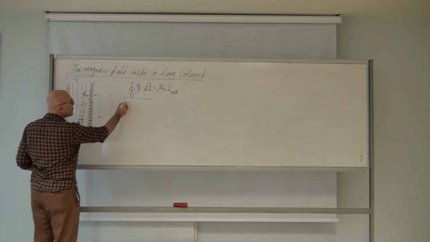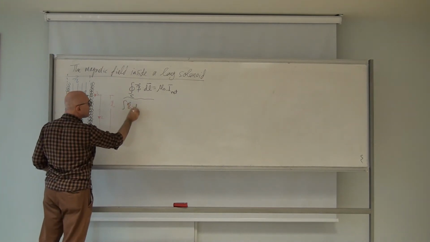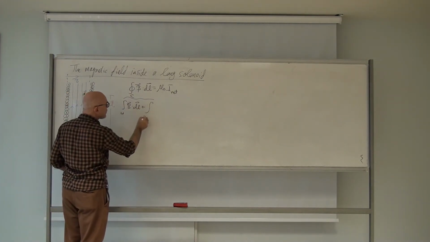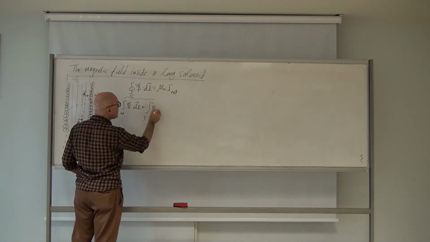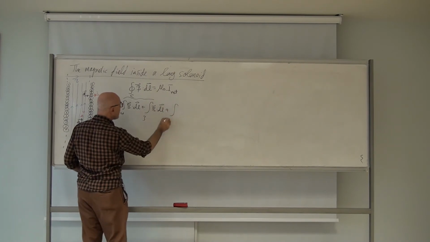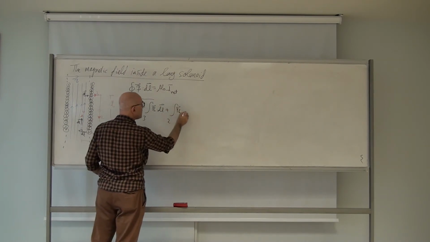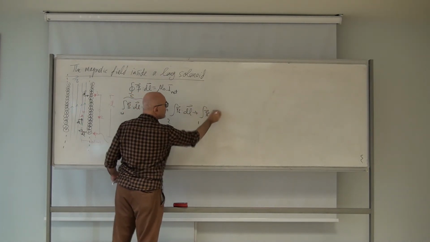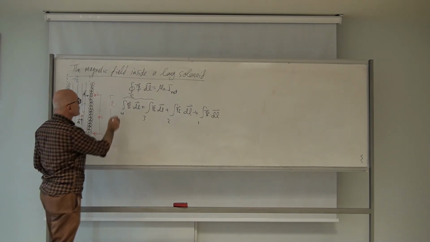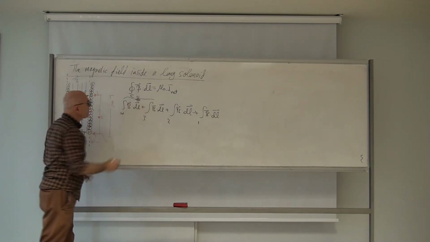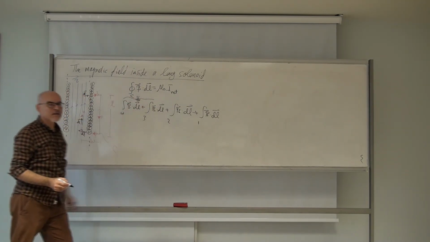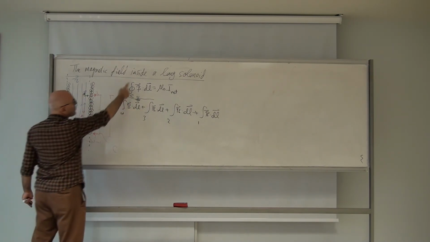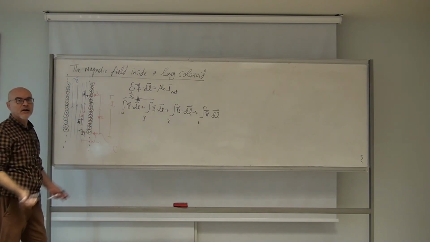So this reduces to, for example, starting from here, the integral over 4 of B dot dl plus the integral over 3 of B dot dl plus the integral over 2 of B dot dl plus the integral over 1 of B dot dl. So the left-hand side reduces to this, because when you add up the integrals over these 4, you are integrating over the whole closed contour that you have picked.